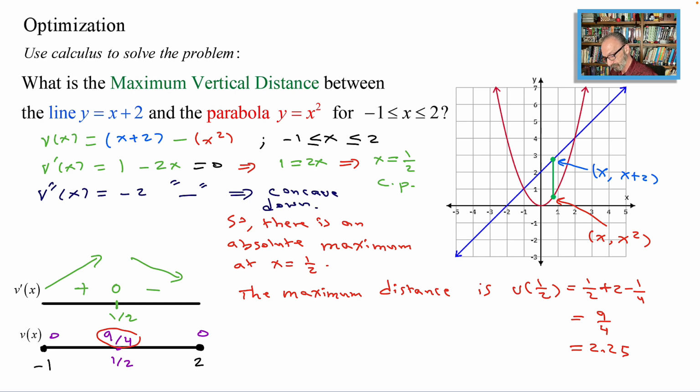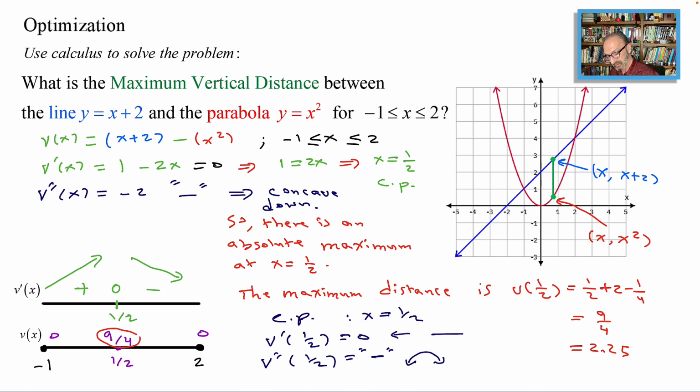So the only critical point is x equals 1/2, and v prime at 1/2 is 0, so we have a horizontal tangent. V double prime is always -2, so v double prime at 1/2 is still -2, which is negative. That means it's concave down.